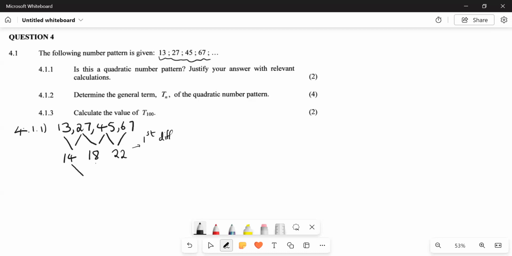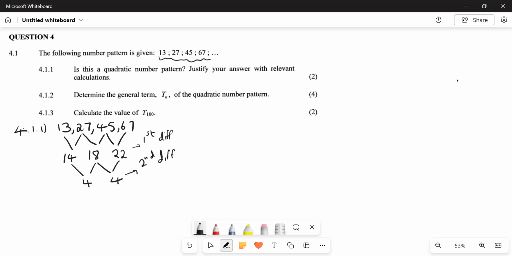Now we need to find the second difference. T3 minus T2, we get 4. T2 minus T1, we get 4. So now we get our second common difference.